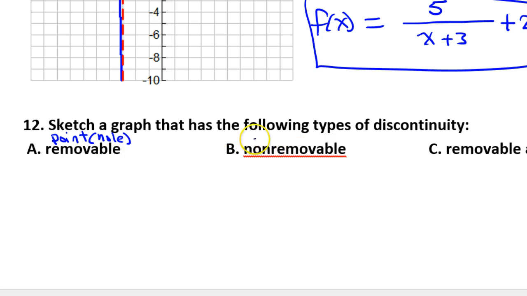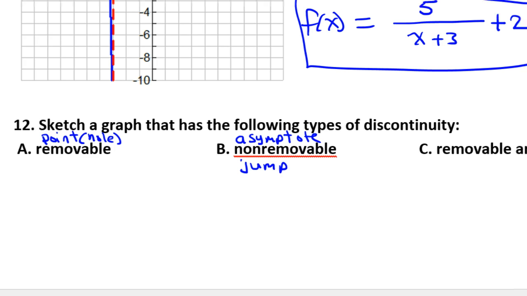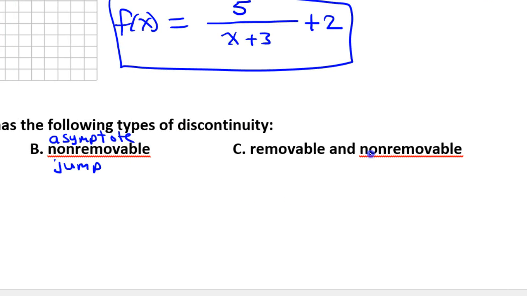Okay, when you see non-removable, that's either going to be an asymptote or a jump. Okay, like a gap. And then of course over here it's the same thing. Removable, that means we need a point.